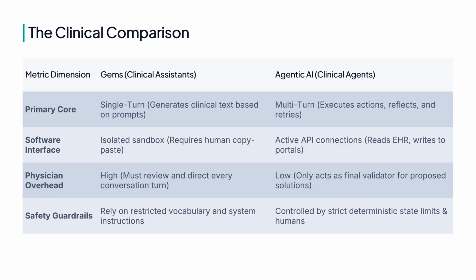A gem would be very much a human in the loop interaction. And safety guardrails, well, with a gem, you're setting up the guardrails because you're working within your own defined parameters. But agentic AI, it depends on the algorithm and what has been set up in the back.